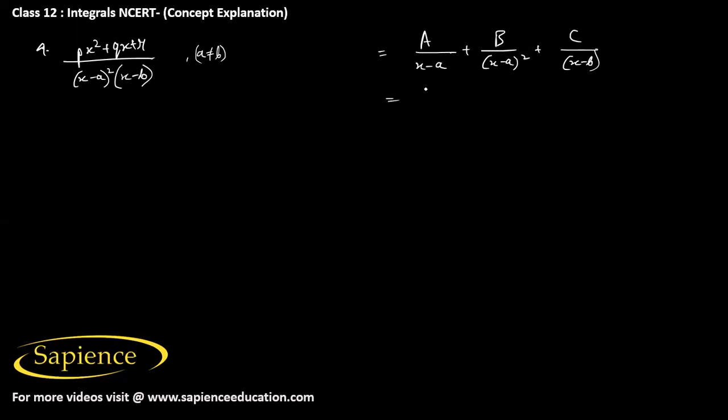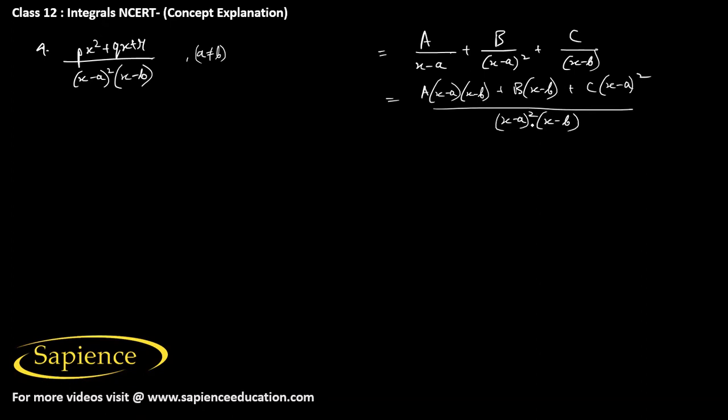It means this will be equal to A into (x minus A) into (x minus B) plus B into (x minus B), then plus C into (x minus A) whole square, divided by (x minus A) whole square into (x minus B). Okay, so therefore this will be (A plus C) into x square.